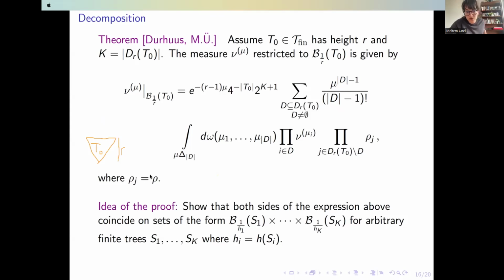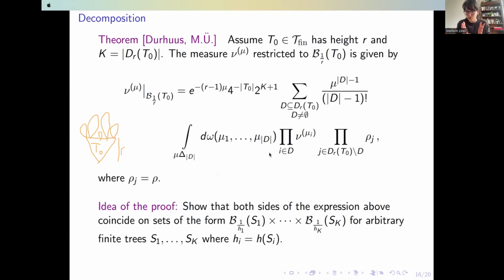Remember that all the trees in this ball can be obtained by just grafting trees onto the maximal vertices, or the vertices at maximal height, let's say. So what I tried to say before, when we saw the value of the balls under this measure, about choosing R vertices among these K top vertices, becomes explicit here.